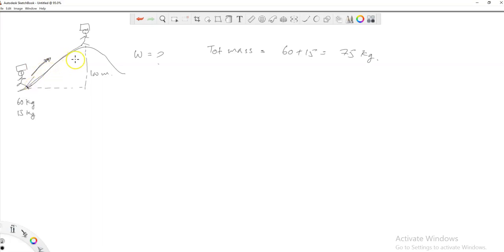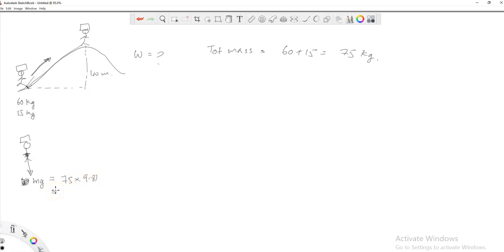But here's an easier way to do that. If you think about the person with the mass, the total weight, so here's W for weight, but this W is for work, okay? So don't get confused with that. So let me just say G. His mass or his weight is 75, that's the total mass, multiplied by 9.81.